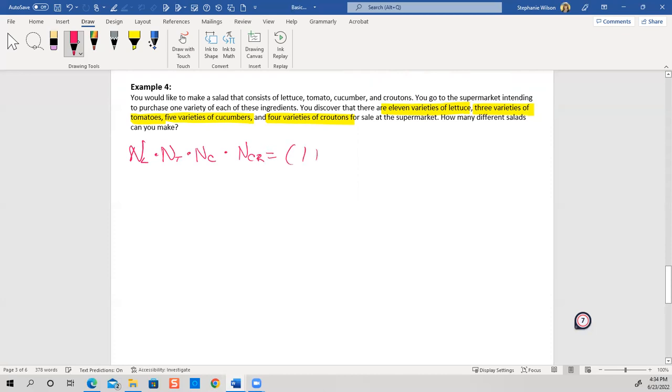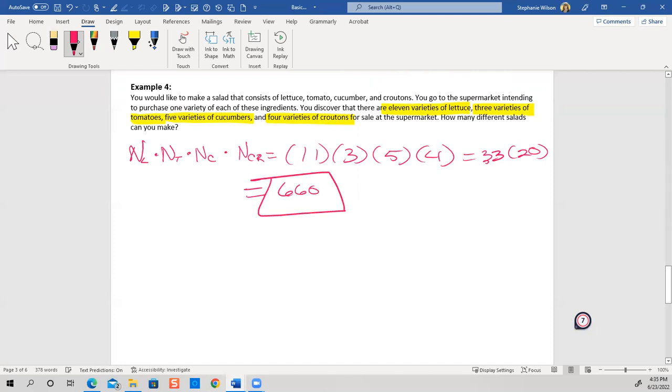So what I'm going to do is take 11 times 3 times 5 times 4. So 33 times 20 gives me 660 different choices that I can make on my salads.